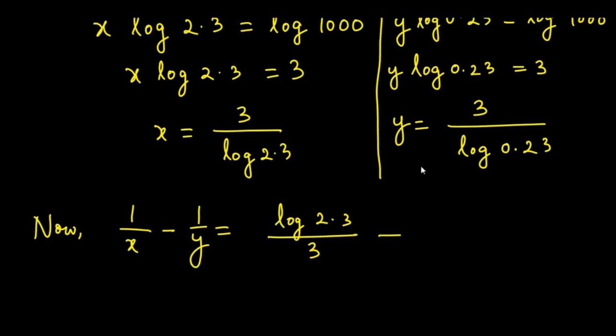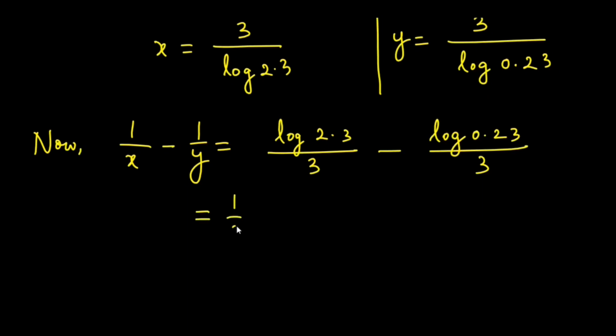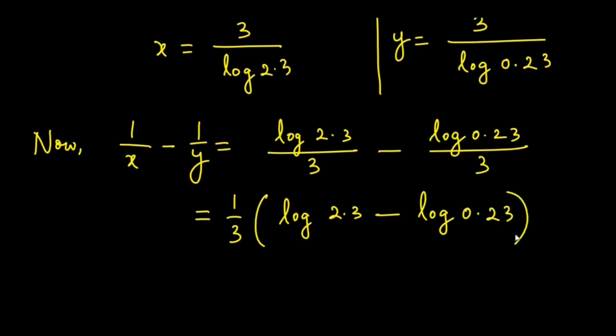Minus, here y is 3 by log 0.23, then we get 1 by y as log 0.23 by 3. So this can be written as 1 by 3 into (log 2.3 minus log 0.23), taking the denominator 3 as a common factor.